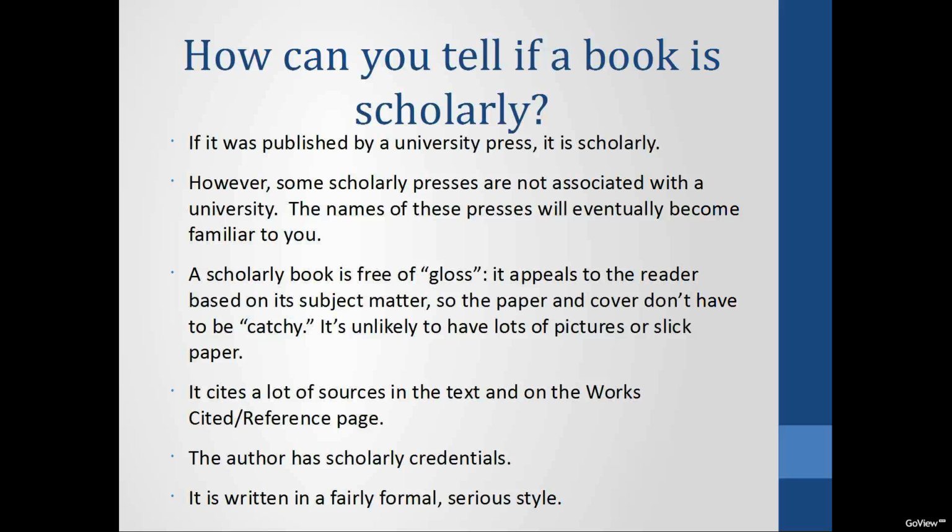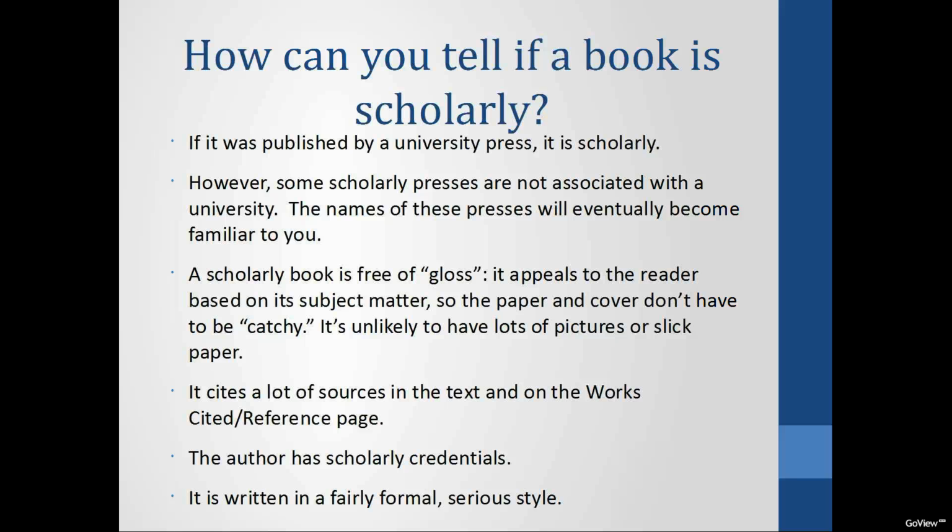However, there are many scholarly presses, some that aren't associated with a university. You do just kind of have to become familiar with those over time. And once you recognize those publishing houses, you will be able to determine whether or not it's a peer-reviewed source or not.